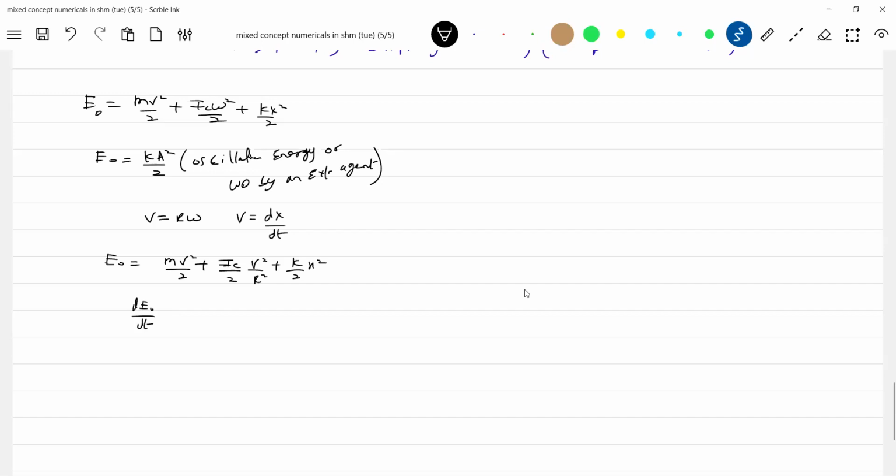So dE naught by dt: m by 2 times 2v dv by dt, plus IC by 2R square times 2v dv by dt.